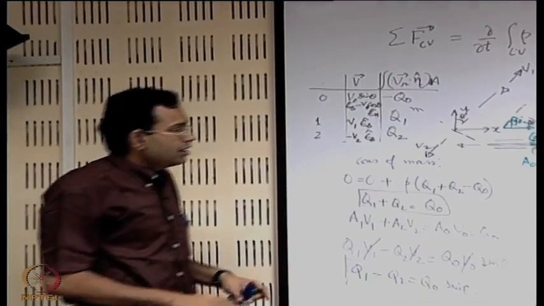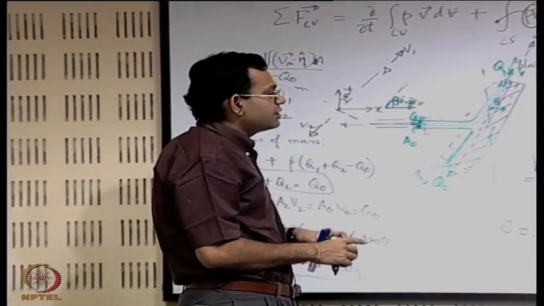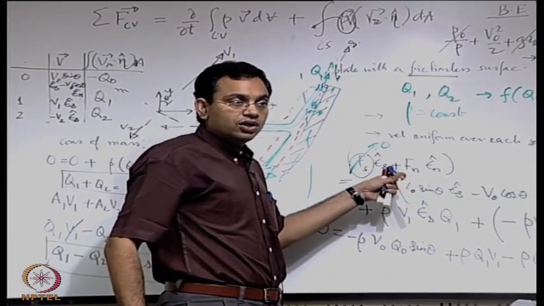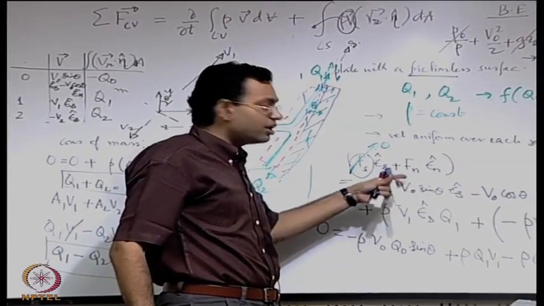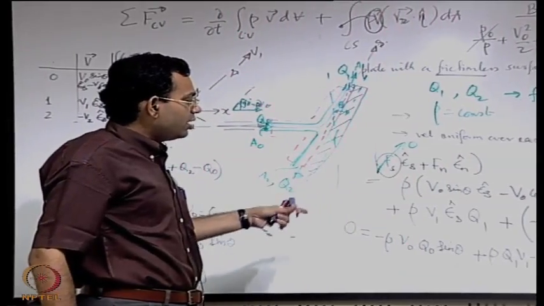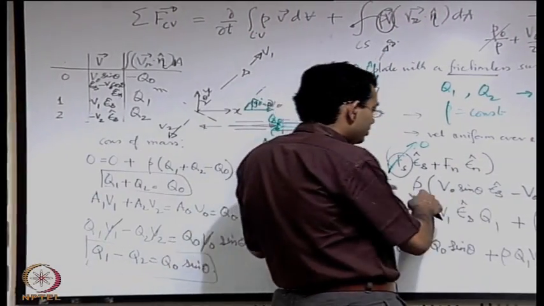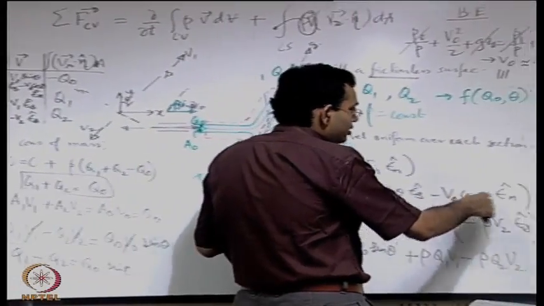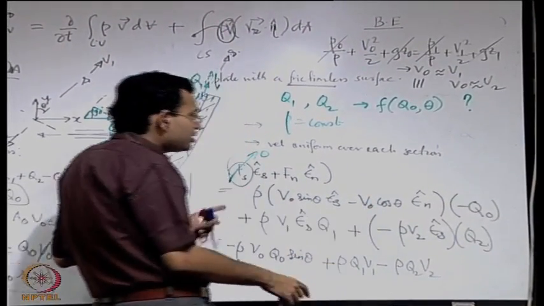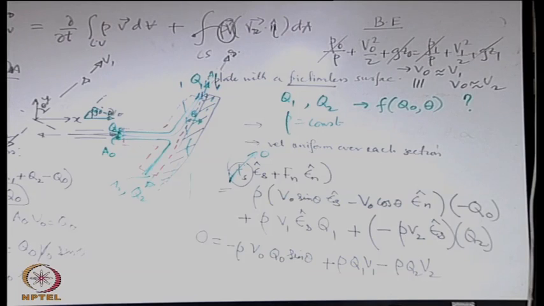There could be a very interesting observation. Now you find out what is the normal component of the force. The normal component of the force definitely is not 0, and it will come out because of the term rho V0 Q0 cos theta. So because of the normal component of the force, this is the force on what?